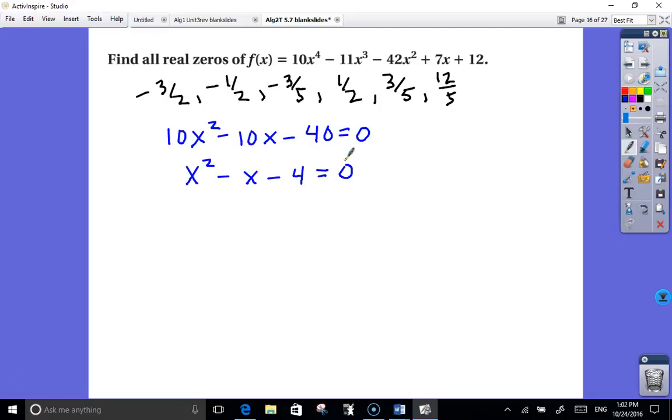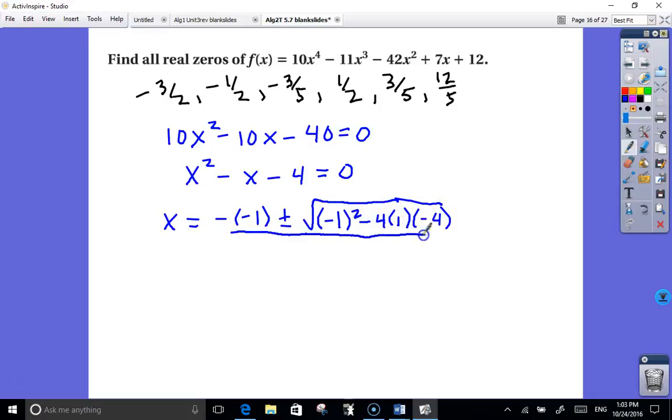That means you're going to have to use the quadratic formula. So here's the end of it, right? x equals negative 1 plus or minus the square root of negative 1 squared minus 4 times 1 times negative 4, all over 2 times 1.